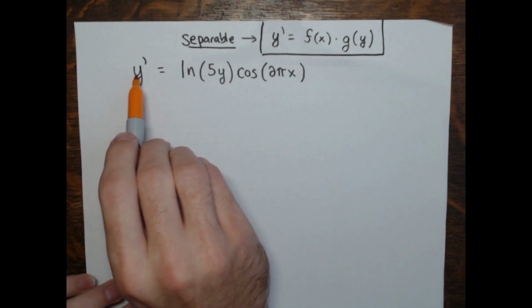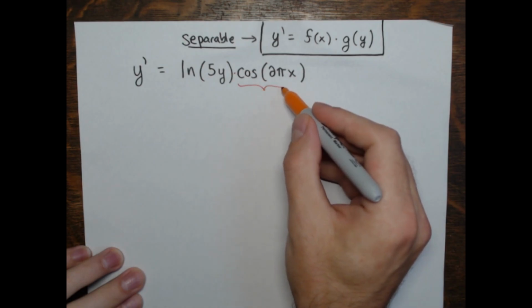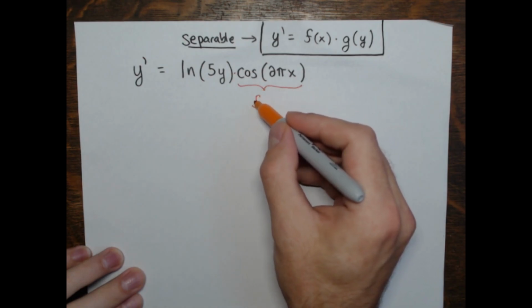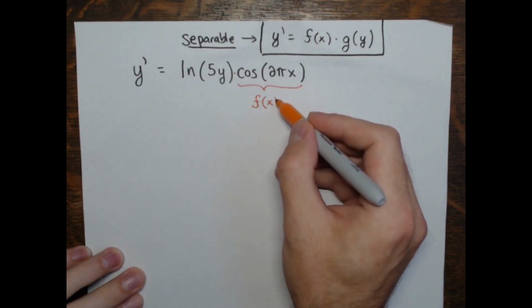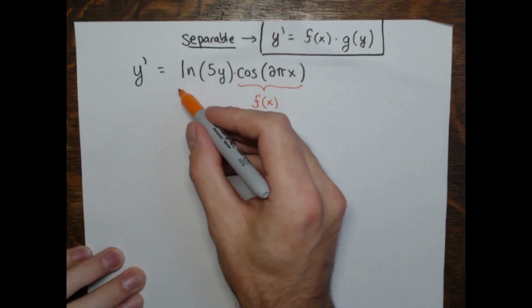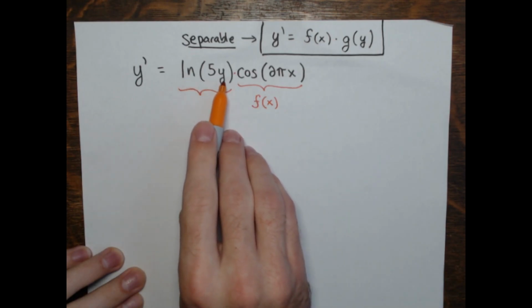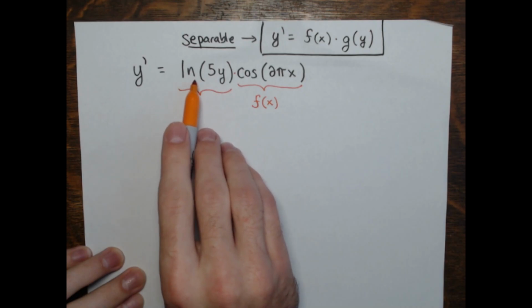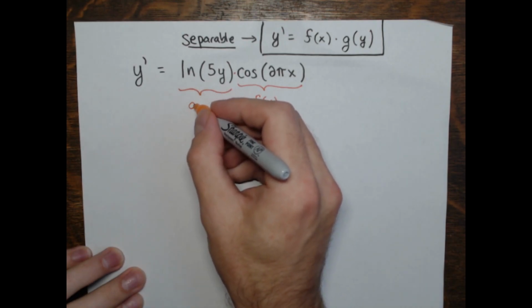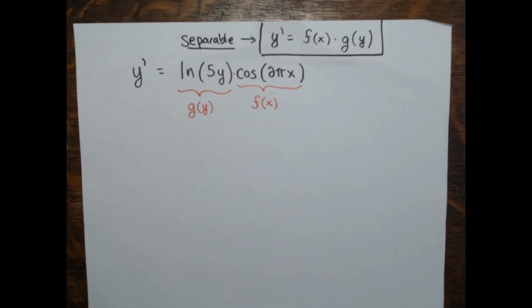So you see here I've got y prime equals, and then here is this function of the independent variable, f of x, this cosine of 2 pi x, multiplied by the function of the dependent variable, the natural log of 5y, I'll call this g of y. So I recognize this as separable.